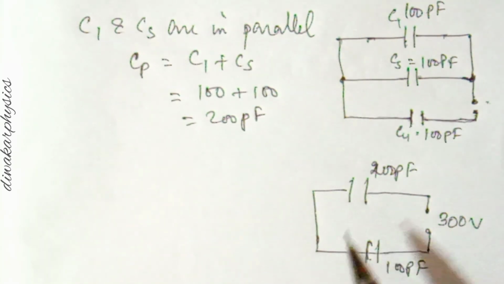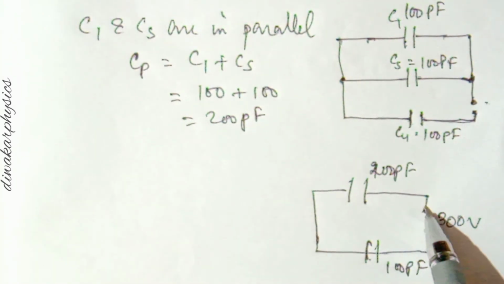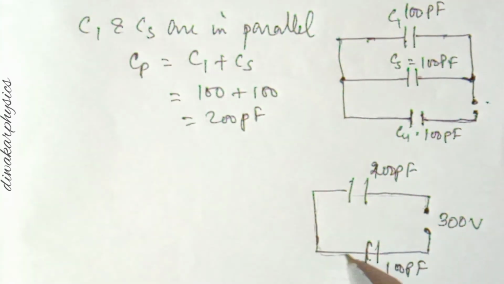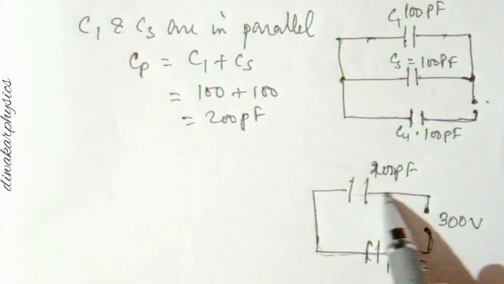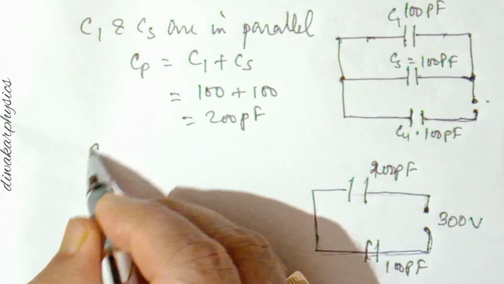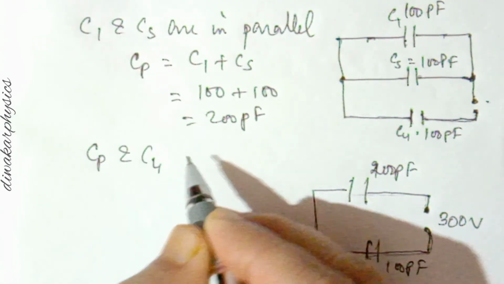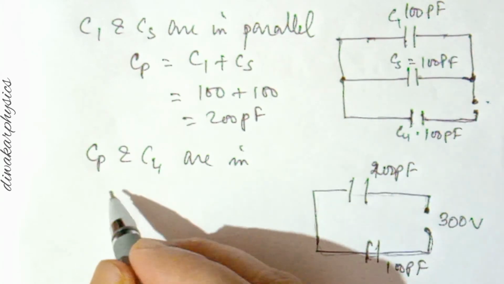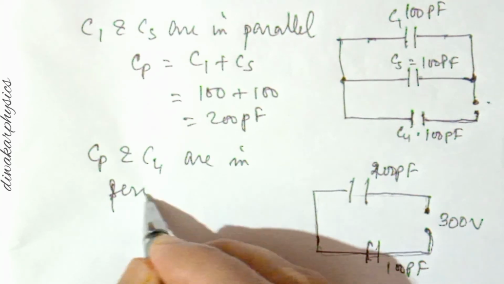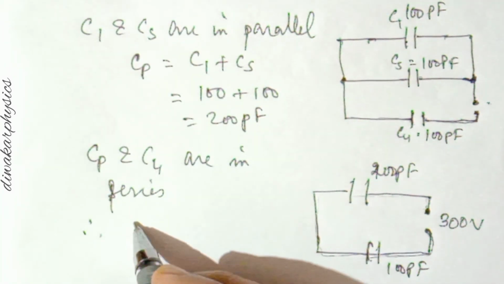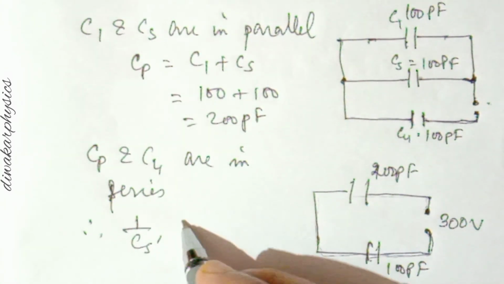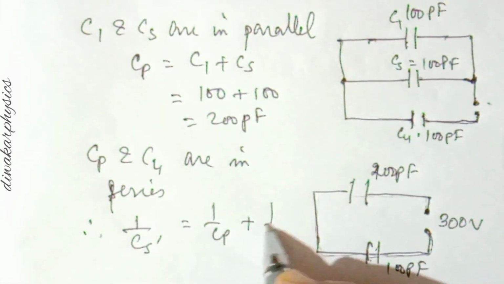Now you see, they are connected across this cell, and the same current flows. They are in the same path, so the same charge will flow. That's why Cp and C4 are in series. So what is the formula? 1 by CS dash is equal to 1 by Cp plus 1 by C4.